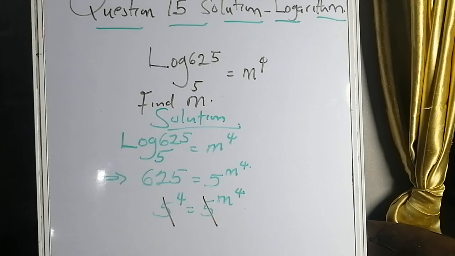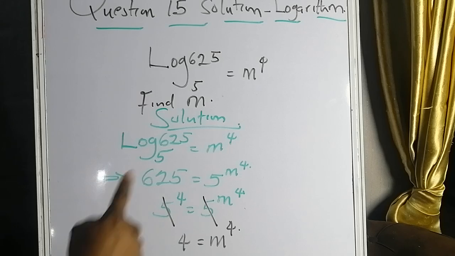The same base, you cancel it out and bring down the power. So this is the same thing as 4 equals m raised to power 4. Now to find the value of m, I need to multiply both sides by the inverse of 4 to get the value of m.